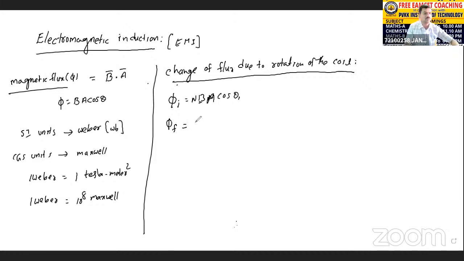So now find the change of magnetic flux. Delta phi is equal to phi f minus phi i.